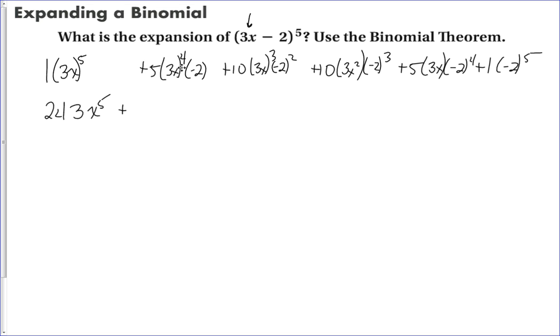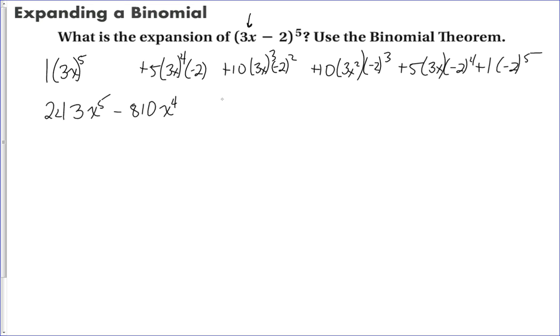Well, 3 to the fourth power is 81. So this is going to be 81 times 5, which is 405. Now we have to multiply by the negative 2, which comes out to negative 810. So this plus sign here will have to go to a negative sign. We have negative 810, and of course, x to the fourth.